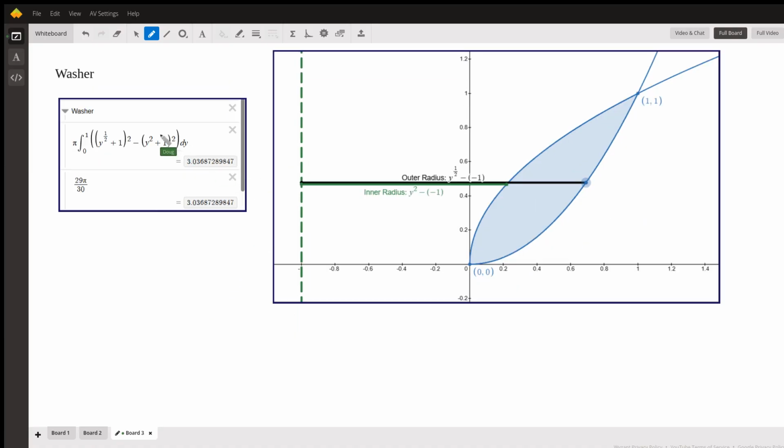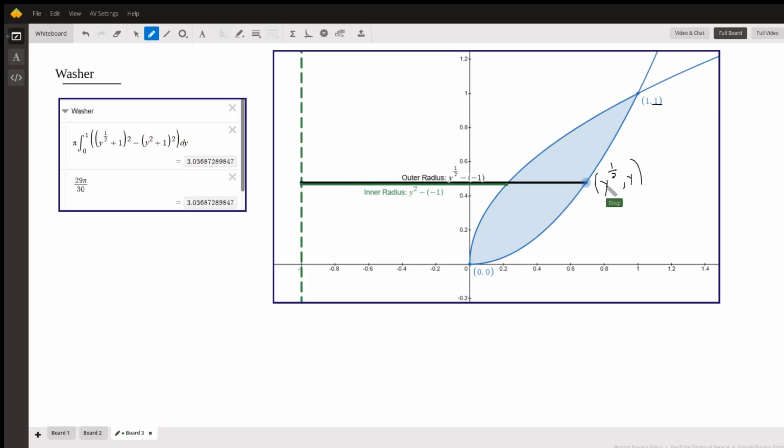And if you want to use the washer method, now you need an outer radius and an inner radius. So the outer radius is the length of this black segment here. It's a typical washer. And for every y between 0 and this 1 right here, the x coordinate is y to the 1/2, or the square root of y.